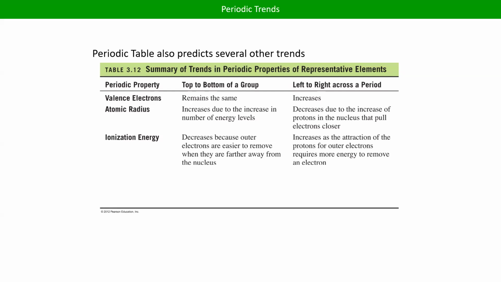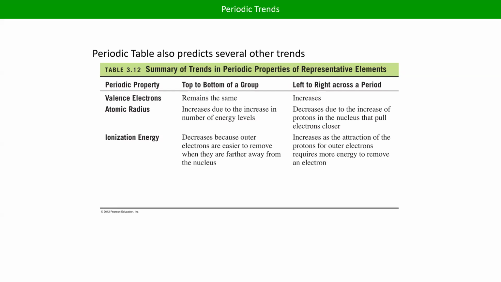Once you get to being a noble gas, they're already super stable, right? They already have a full energy level. And trying to take an electron away from neon, when it's already all the way filled, we'd actually have to break up a full energy level to do that. That's not very stable.